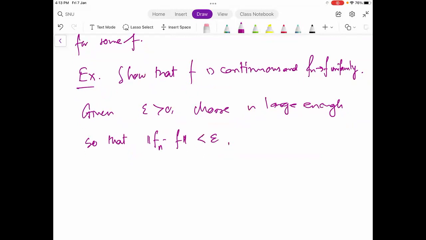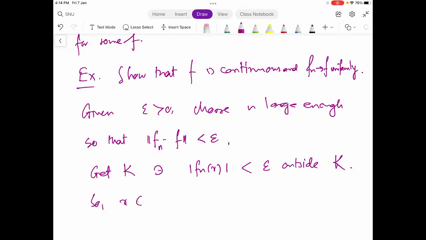Now, choose a compact set K for f_n, outside of which f_n is small. Now, the norm of f_n minus f is less than epsilon, so if x is outside K, |f(x)| is less than or equal to |f(x) minus f_n(x)| plus |f_n(x)|.